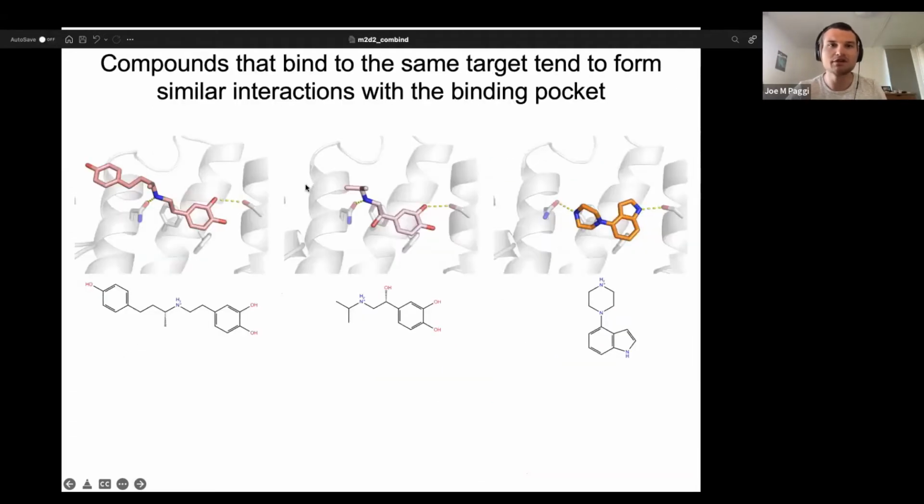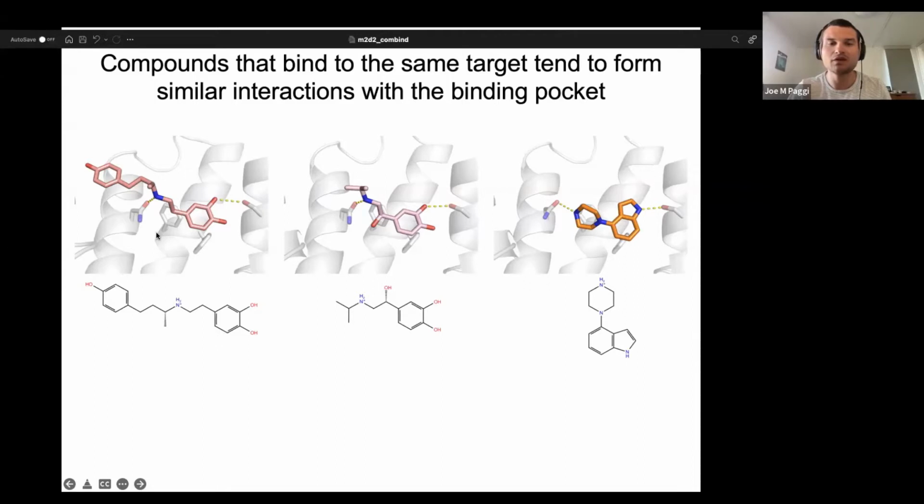The question is, at an intuitive level, how could this work? How could you transfer this fundamentally 2D information into predictions about a 3D structure? Where we started off was with the observation that if you have different compounds that bind to the same target, they'll often form similar interactions.